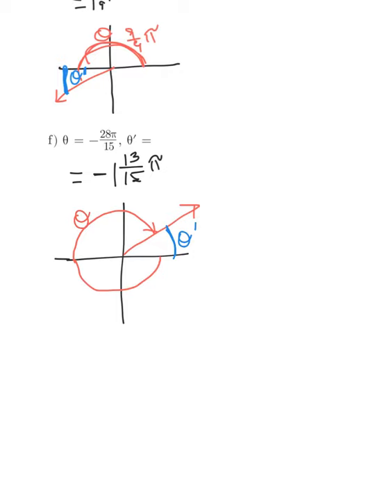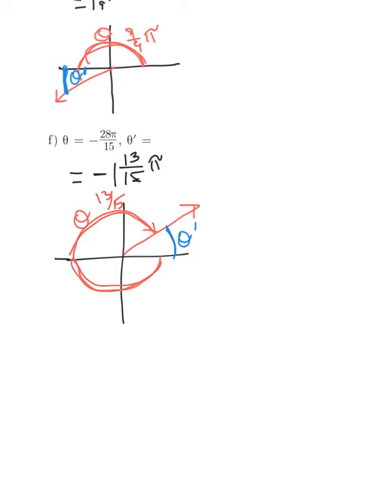So let's think about what we did. We went, here's 1 pi, right here is 1 pi, and then this much is 13 out of 15. If you are trying to make 1, you would need 15 out of 15.